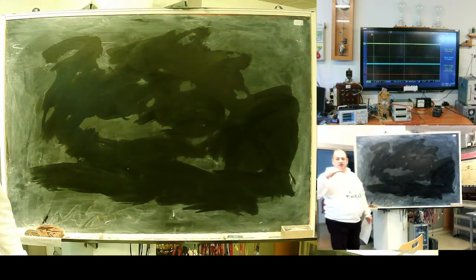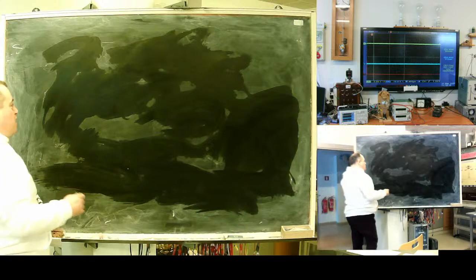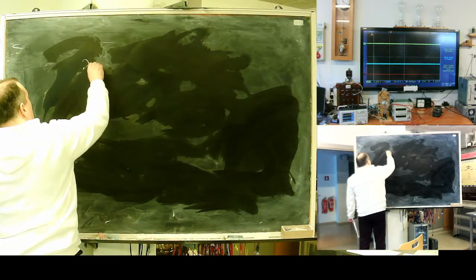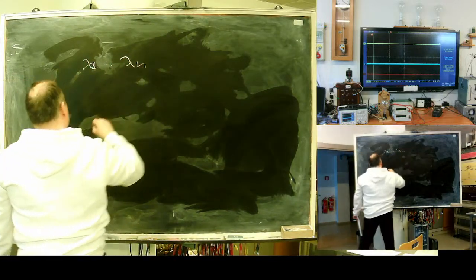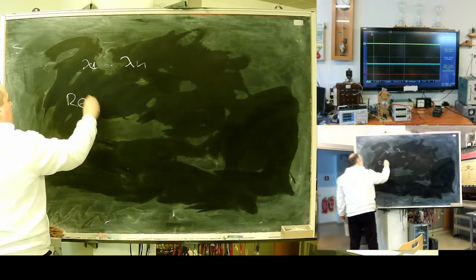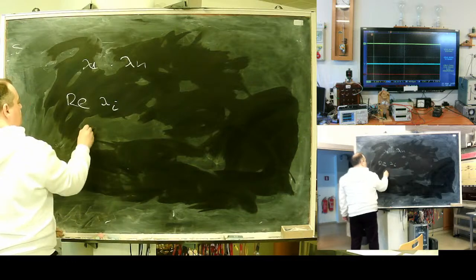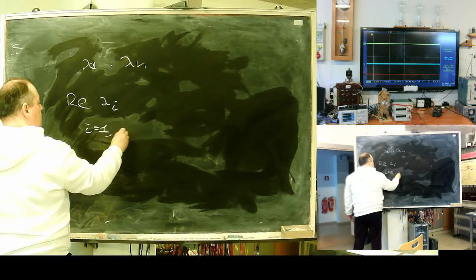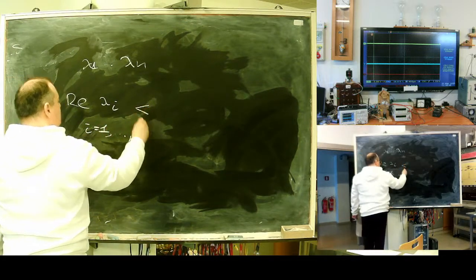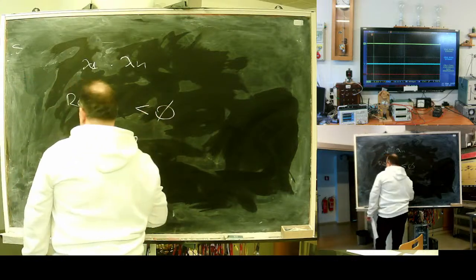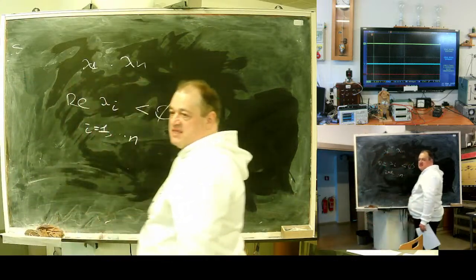How to say, the cornerstone of stability. If you have lambda 1 to lambda n, and the real part of all lambdas from 1 to n is negative, your system is stable.